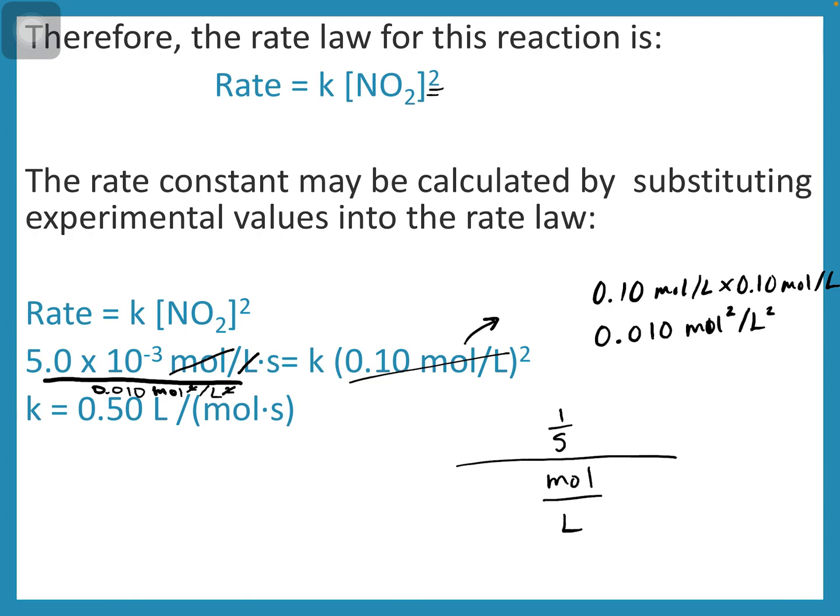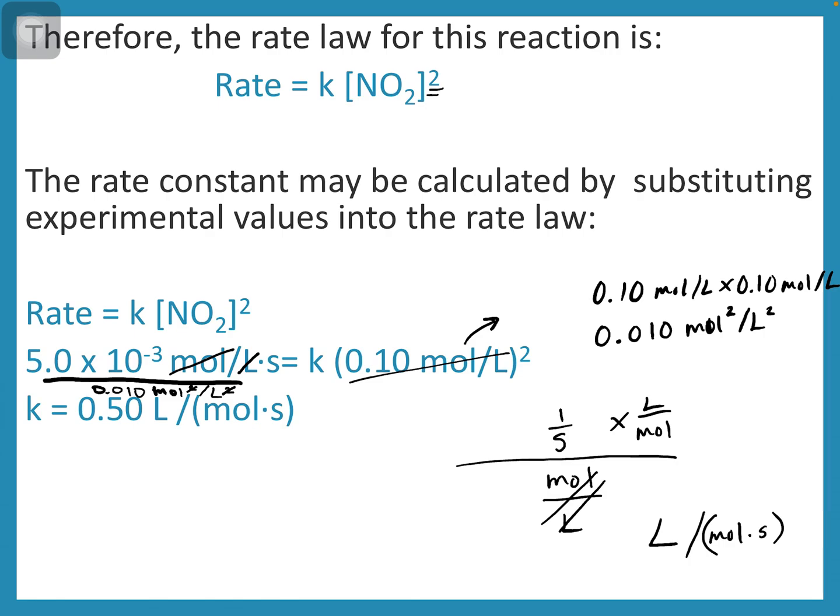So the easiest way to get rid of this is to change this division to a multiplication by using the reciprocal. And so then what I see is I have liters in the numerator, and in the denominator I have moles and seconds. So the units for this k value is liters per mole per second.